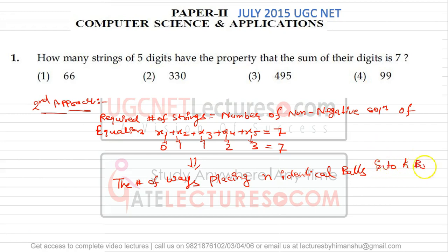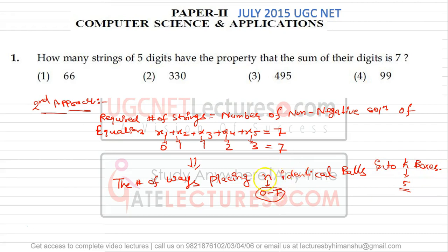You have n identical balls and the identical balls are your digits 0 to 7. You have to place them into k boxes, that is 5 digits. You have 5 boxes and n identical balls. You have to put n balls into k boxes.